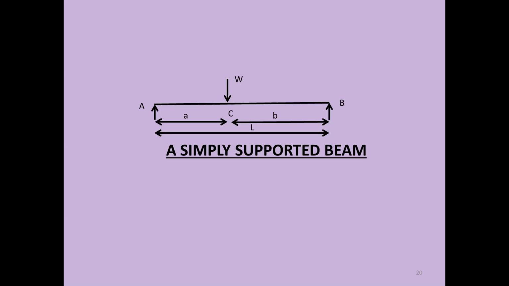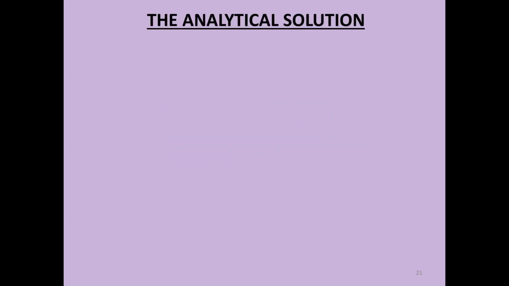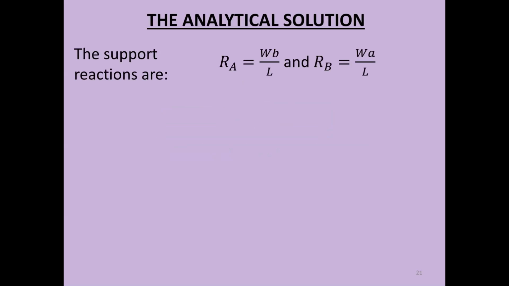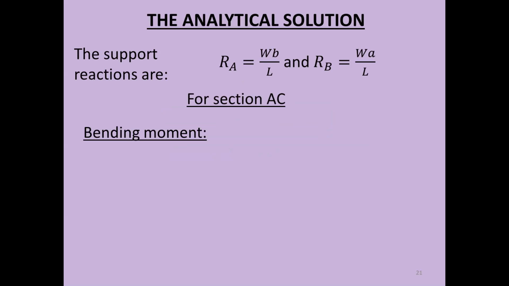Now coming to the solution itself. We first of all find the reactions RA and RB. First, starting with section AC, the bending moment is given by the reaction at point A multiplied by x, where x is the location from support A, of course.